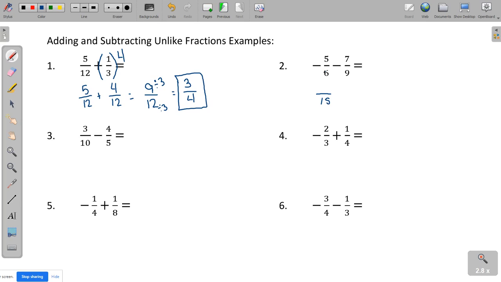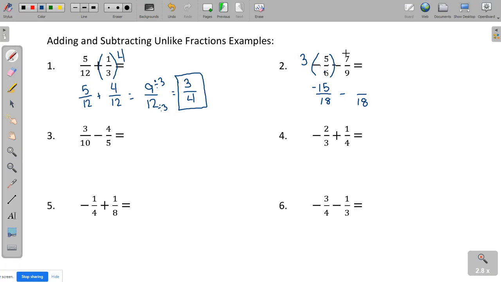So we're going to have a common denominator of 18. So what do we have to multiply 6 by to get to 18? That would be 3. So we're going to multiply this first fraction by 3. So 3 times 5 gives us 15. But we cannot forget that negative sign to bring it down.